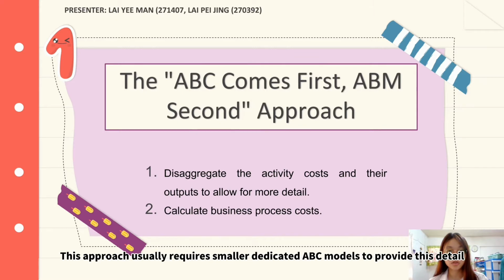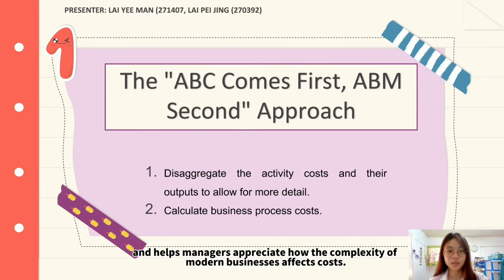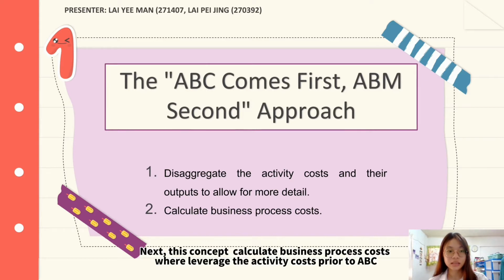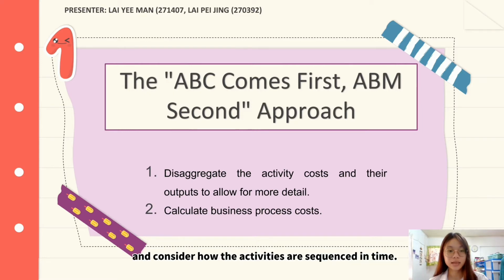This approach usually requires smaller dedicated ABC models to provide this detail and help managers appreciate how the complexity of modern businesses affect costs. Next, this concept calculates business process costs, where we leverage the activity cost prior to ABC and consider how the activities are sequenced in time. At the same time, applying ABC techniques to seek out the root causes of problems.